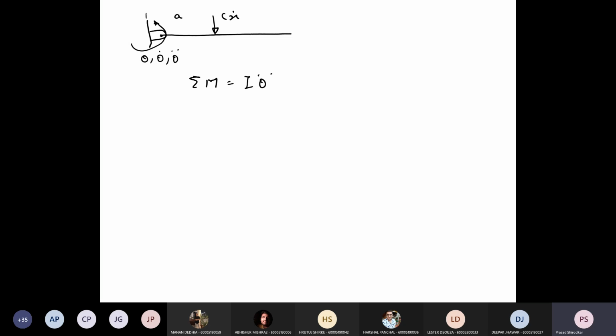Here you have a torsional spring. Let me just correct this.